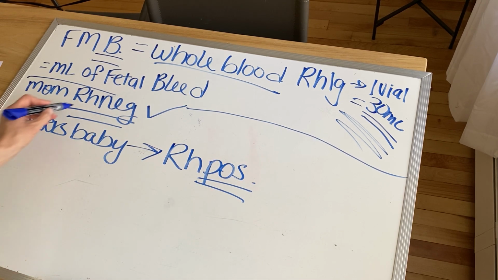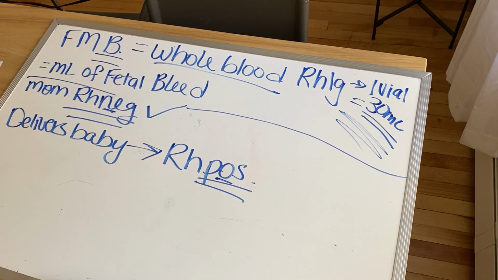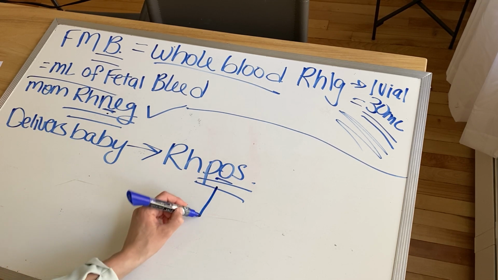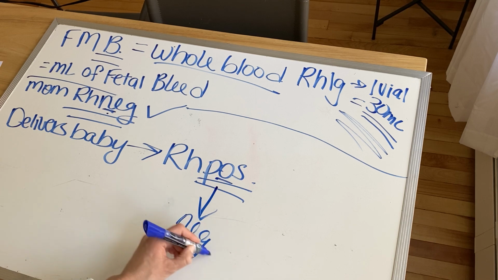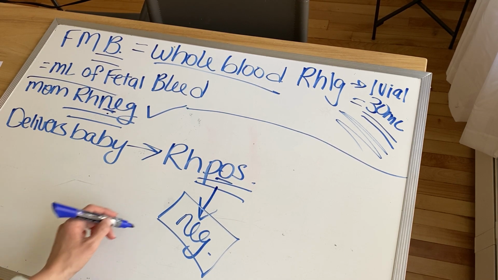If the mom is Rh negative and the baby that was born is Rh positive, then we're going to do a Kleihauer-Betke. If the mom is Rh negative but the baby is Rh negative, then we don't have to do a Kleihauer-Betke.